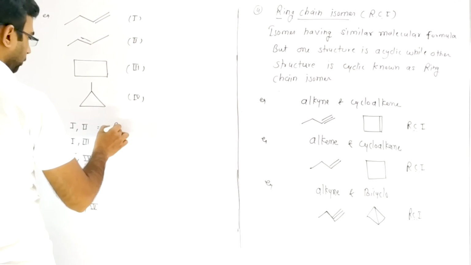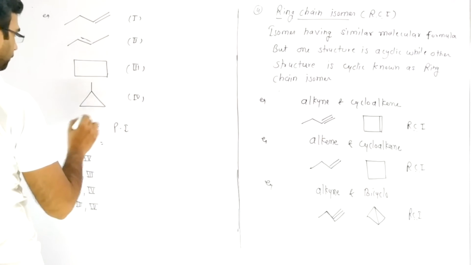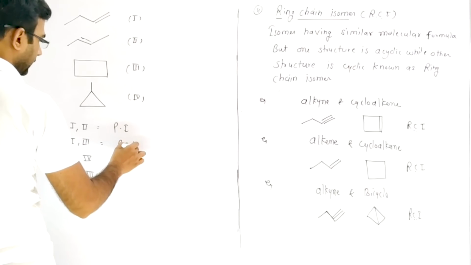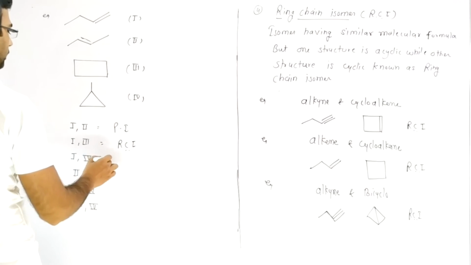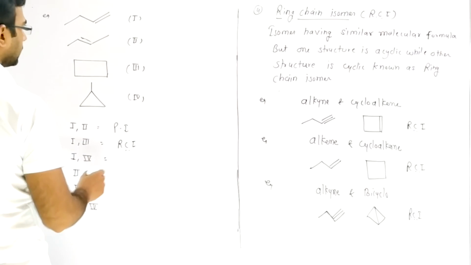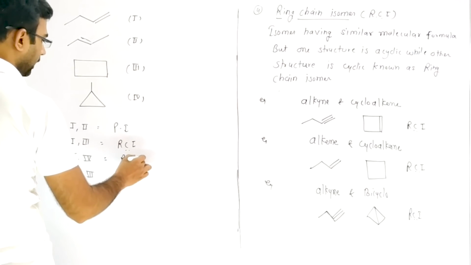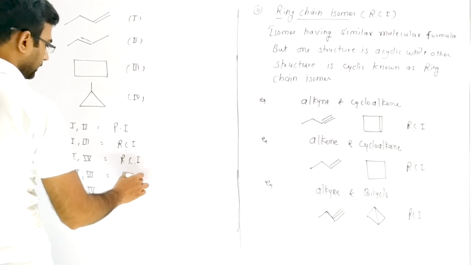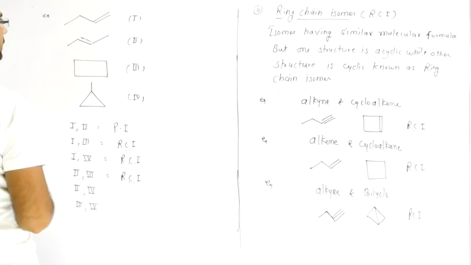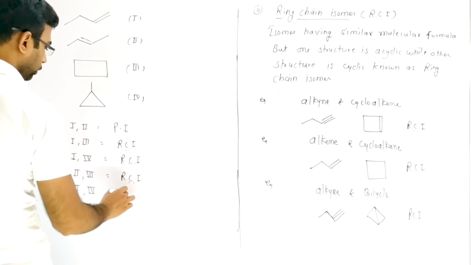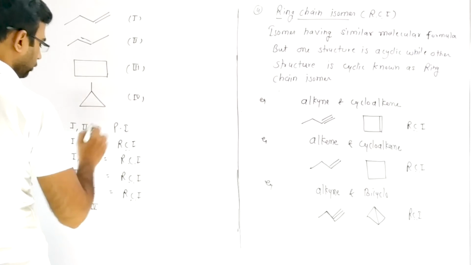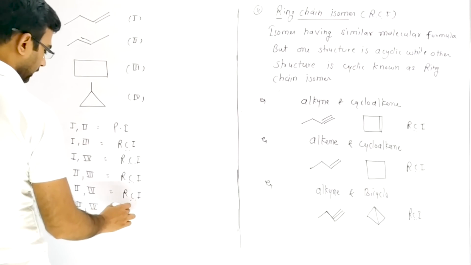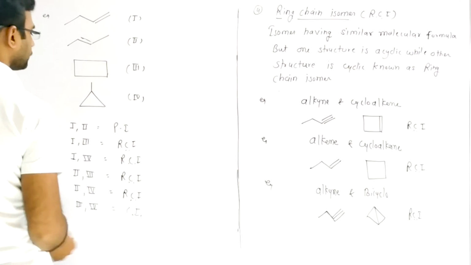First and second are position isomers. First and third are ring chain isomers. First and fourth are ring chain isomers. Second and third are ring chain isomers. Second and fourth are also ring chain isomers, and third and fourth are chain isomers.